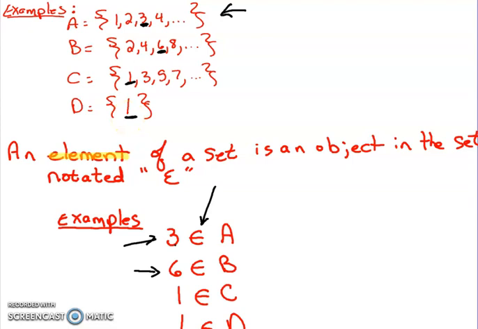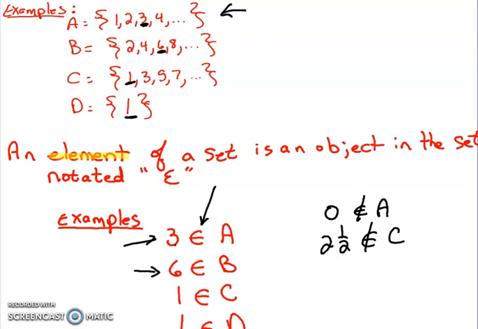I could say something like 0 is not an element of A, because 0 is not inside of A. Or I might say 2.5 is not an element of set C. When you put a slash through the symbol, it means it's not an element of that set.